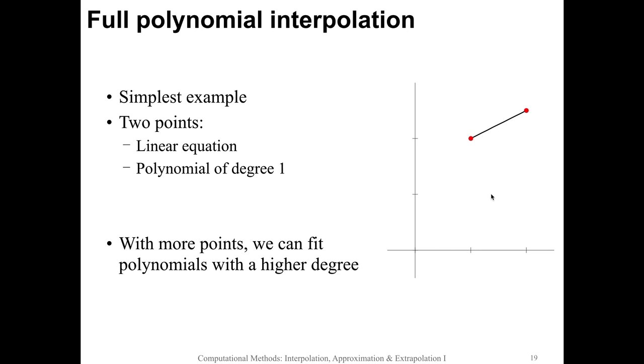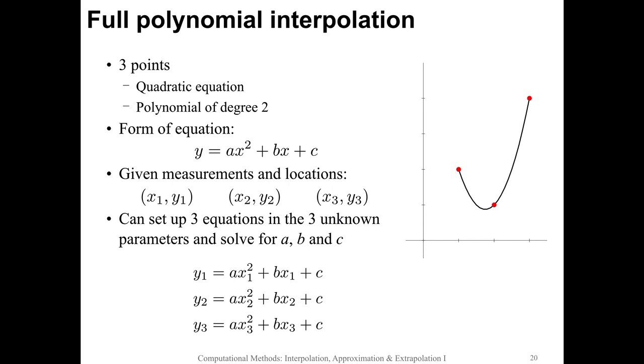And if we had more points, then we can fit polynomials with a higher degree. And the next few slides will illustrate this. So here's an example. Now we have 3 points. And this gives us a quadratic equation, which is a polynomial of degree 2. And the form of this equation is shown here.